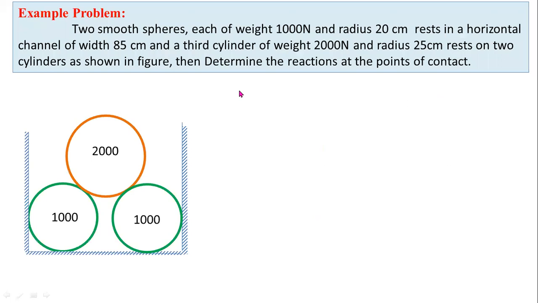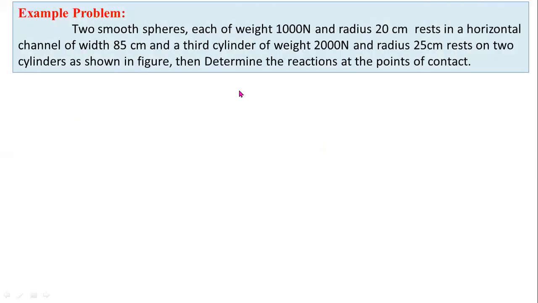Now this is the given question. Two smooth spheres, each of weight 1000 newtons and radius 20 centimeters, rest in a horizontal channel of width 85 centimeters, and a third cylinder of weight 2000 newtons and radius 25 centimeters rests on the two cylinders as shown in the figure. Then determine the reactions at the points of contact.